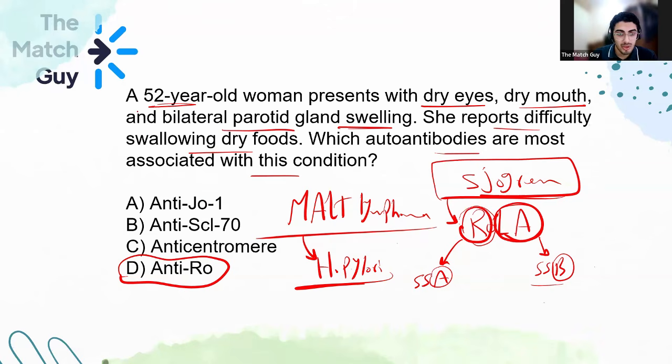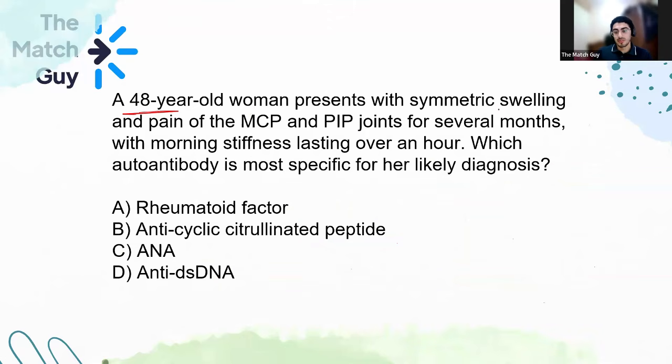Okay. We have a 48-year-old woman presenting with symmetric swelling and pain in the MCP and PIP. And she also has morning stiffness lasting over an hour. Which autoantibody is most specific for her likely diagnosis? Amazing, guys.